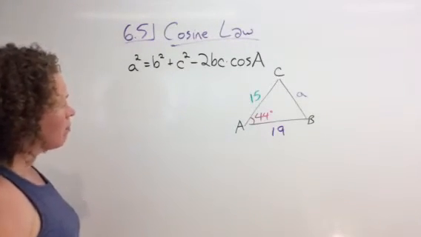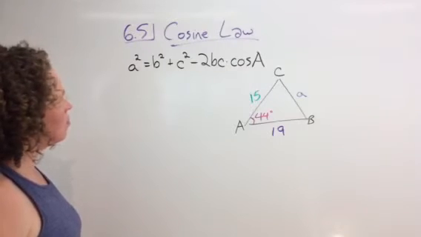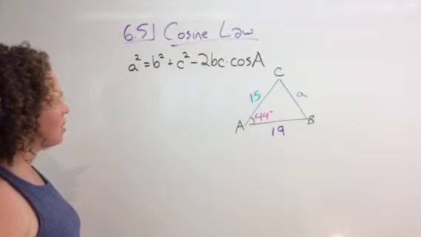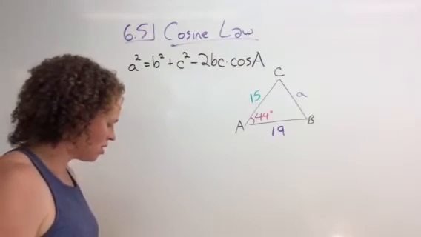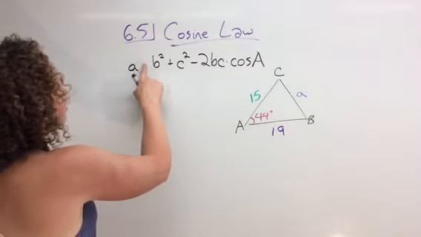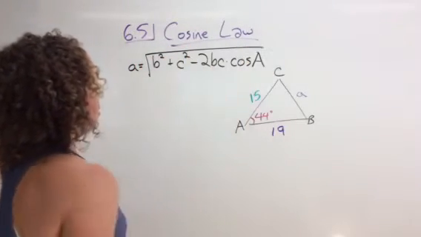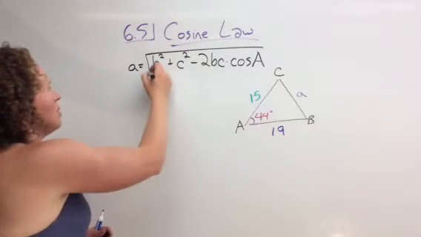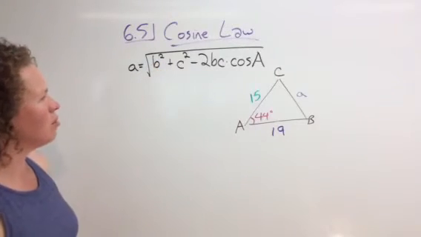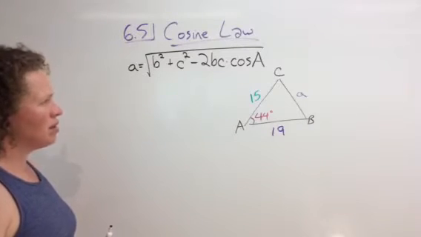Now, to show you how this goes together, I'm going to start by slightly rearranging the formula just a teeny bit, because this is a squared. And so I can just write a equals the square root of all of that. Now, if you're handy with your calculator, you can probably figure out how to put all of that into one simple calculation.